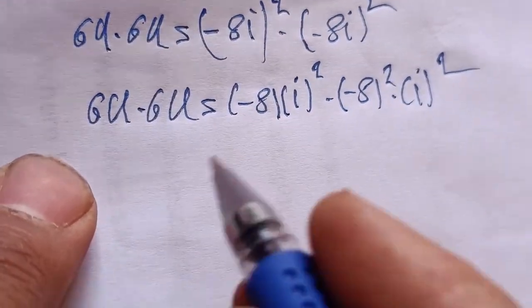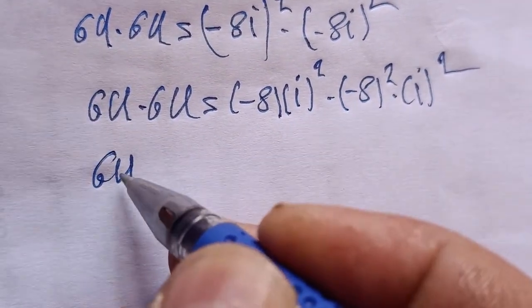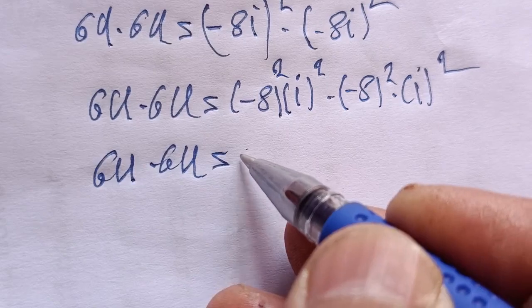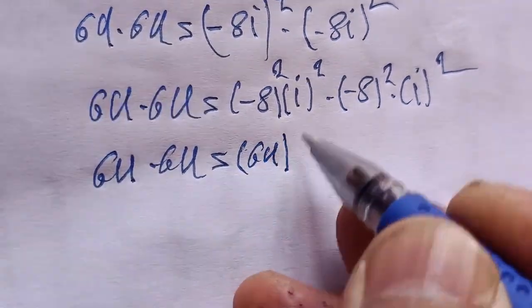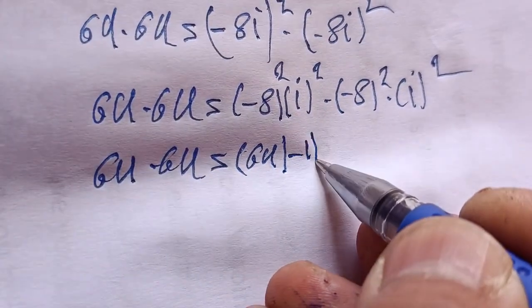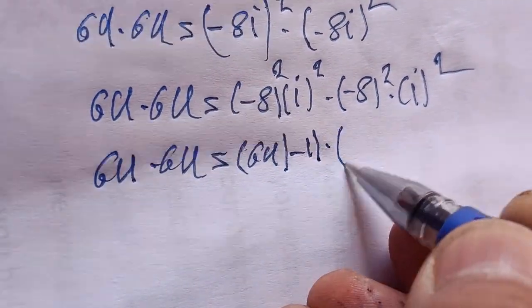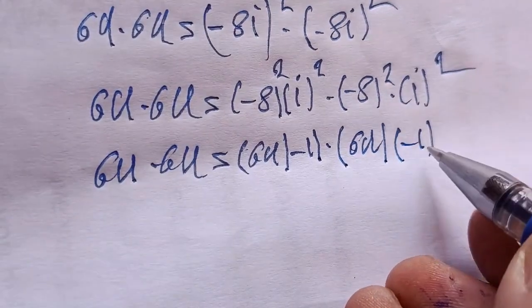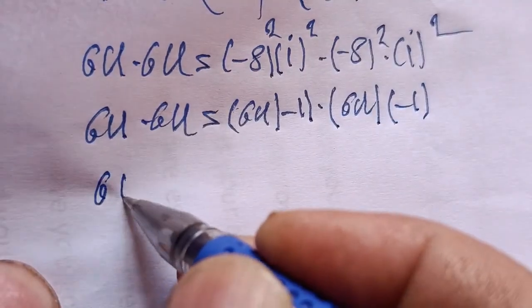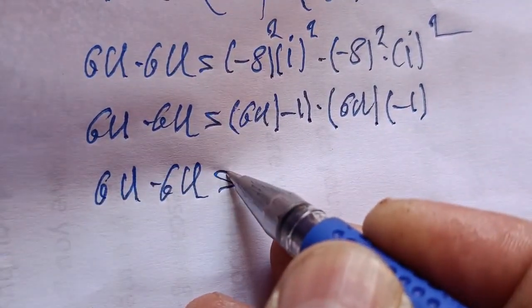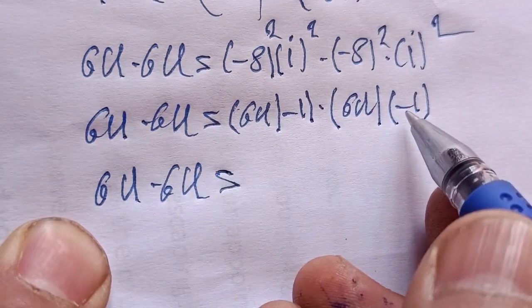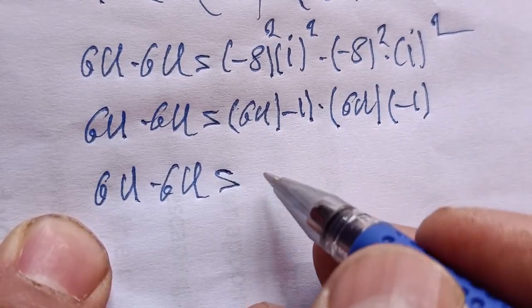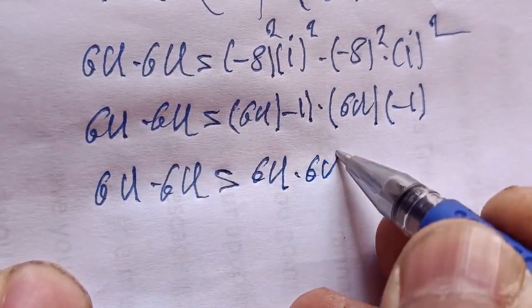And so 64 times 64 equals 8 squared, which is 64, times i squared, which is -1, times -8 squared, which is 64, times i squared, which is -1. So 64 times 64 equals -1 times -1, which is +1, and +1 times every number is itself. 64 times 64.